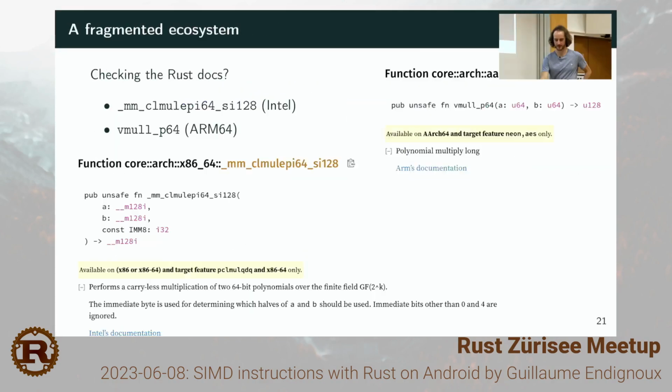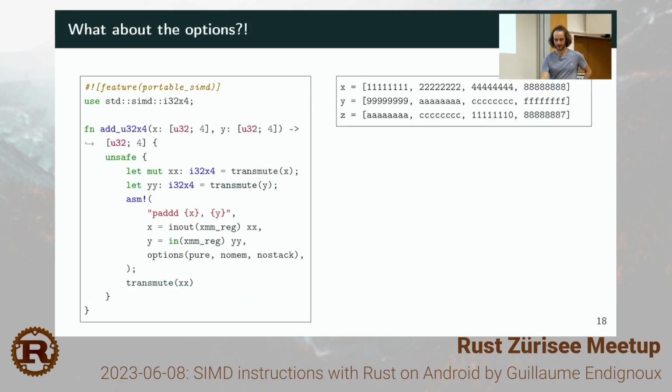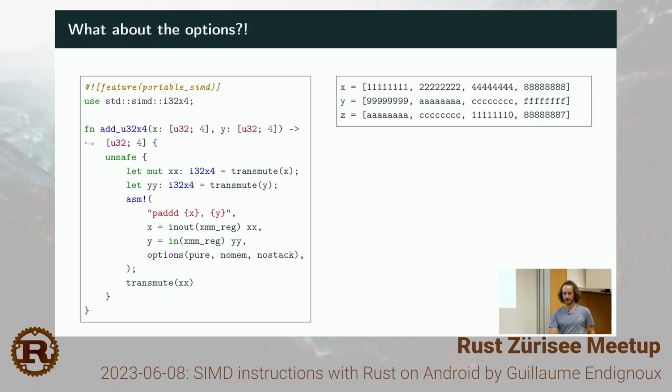Are there many assembler styles that the inline macro supports? So, let me go back to it. Beforehand, before it was stable, this macro was called LLVM ASM, which was using an LLVM specific syntax.